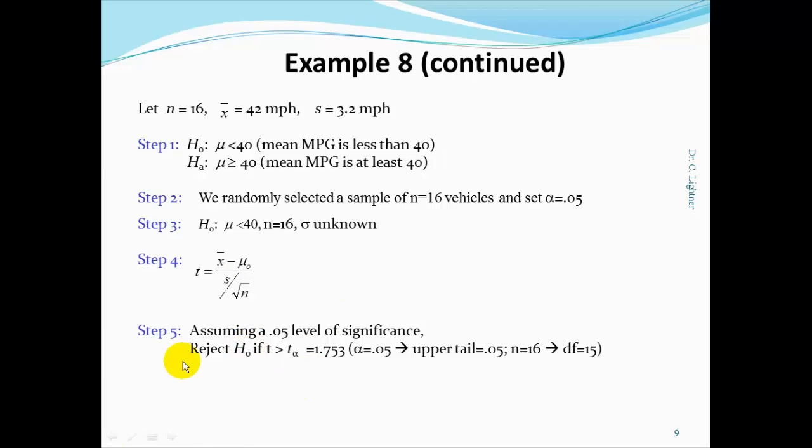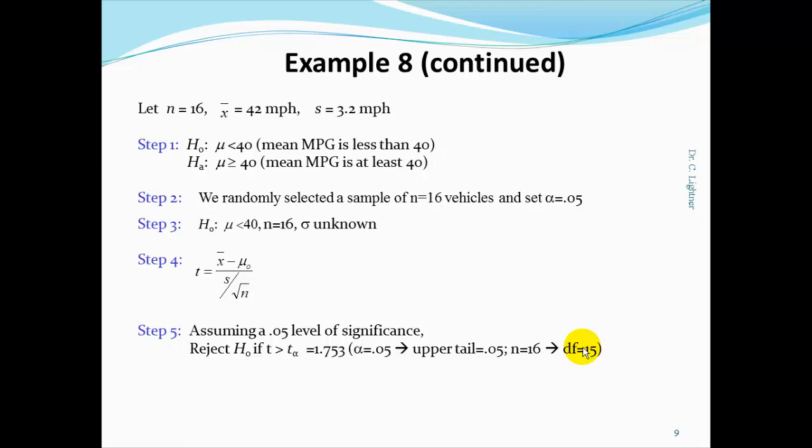We should always list our critical value for the rejection rule. If we follow our steps for computing T alpha, not T alpha over 2, but the steps for computing T alpha, our upper tail area should be equal to alpha, which is 0.05, and our degrees of freedom for this problem is 15, which is n minus 1.